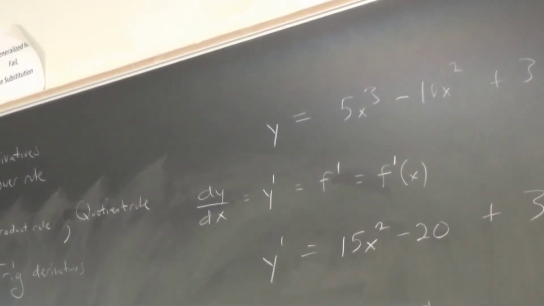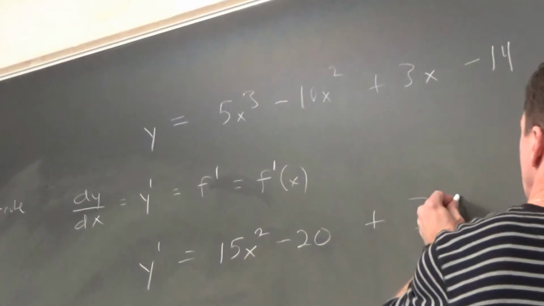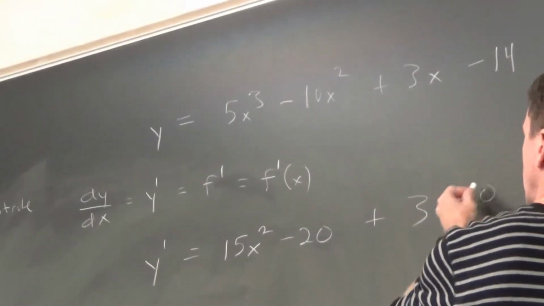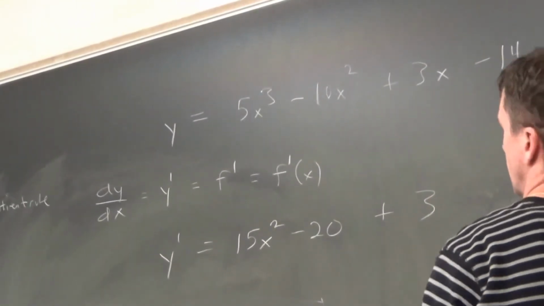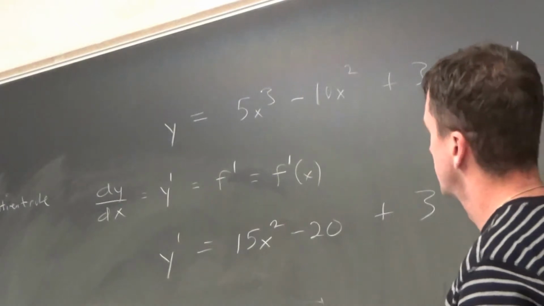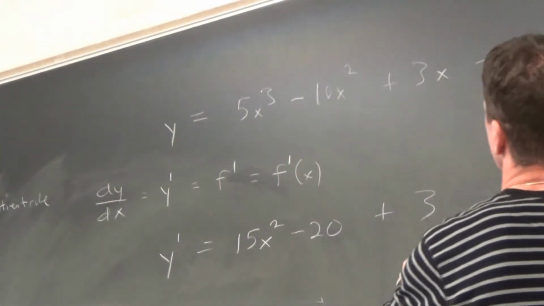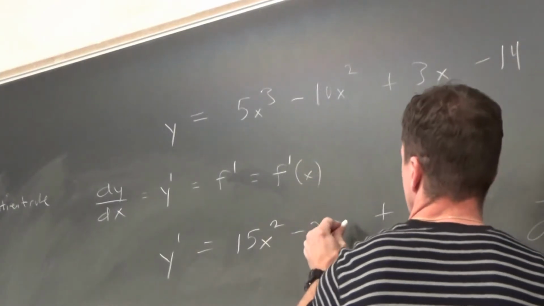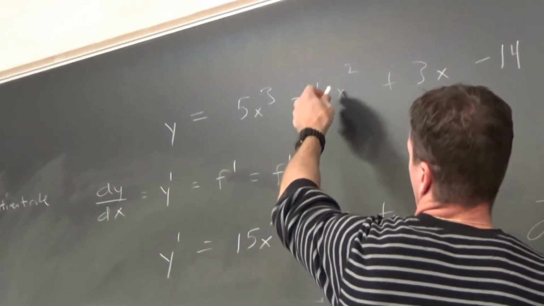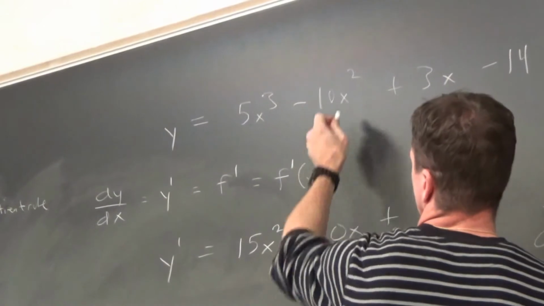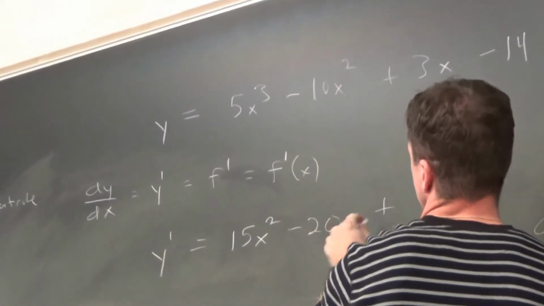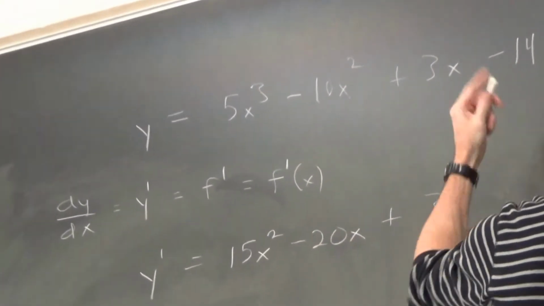What happens when it's a constant? 0. And you don't even have to write it. Plus 0, minus 0, you don't even have to write it. And that's the derivative. You forgot the x. Oh, thank you so much. I went minus 10 times 2 is 20, and then decreased that power by 1, that'd be x to the first. This is just 3, there's the 0.